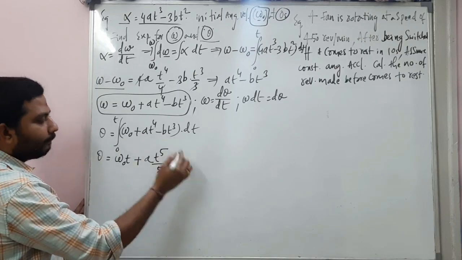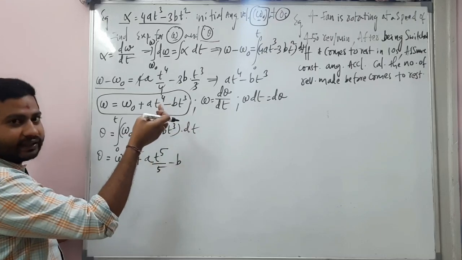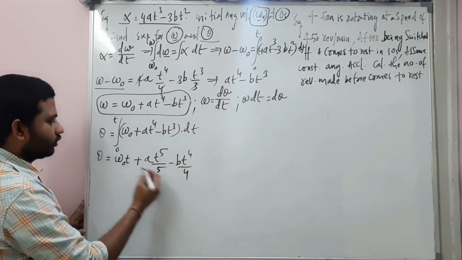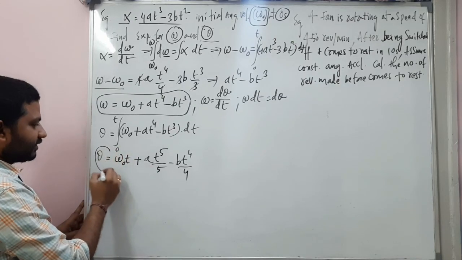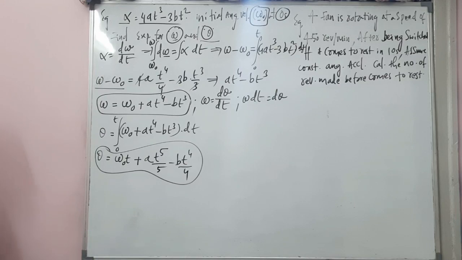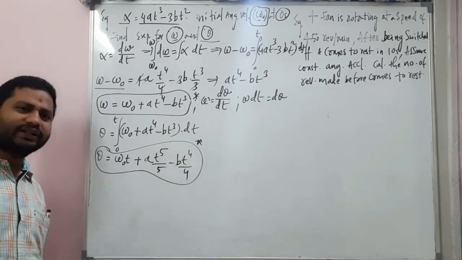Minus b comes out, integral of t to the power 3 dt is t to the power 4 by 4. So this is our theta expression. Omega expression we have, theta expression also we have. That's what they're asking here.